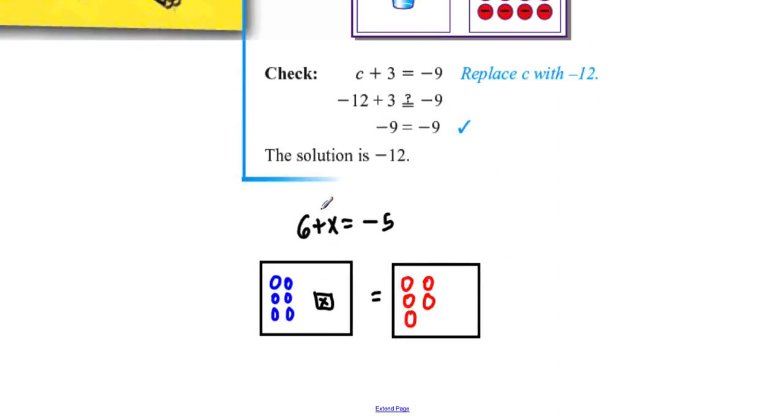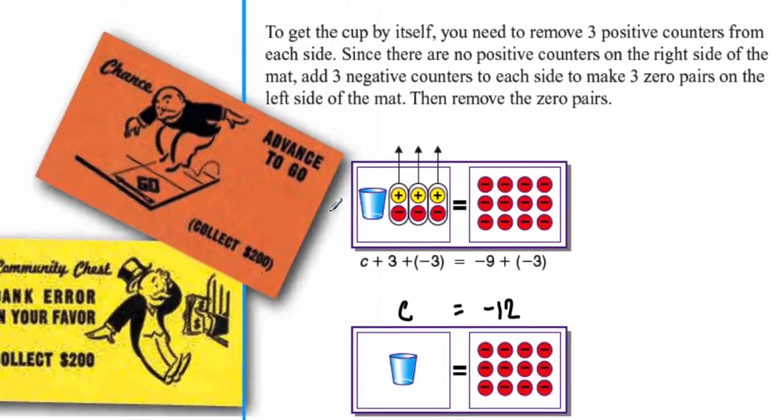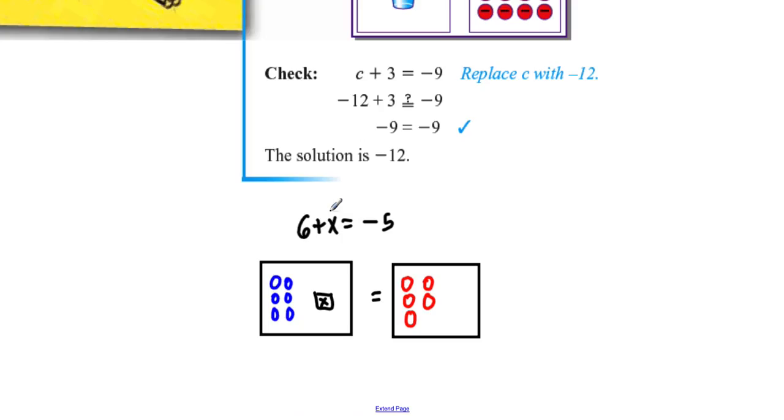So instead of taking away 6 positive counters on the right side, there are none to take out, we simply add 6 negative counters on this side.